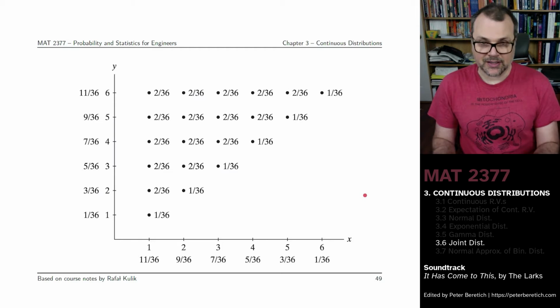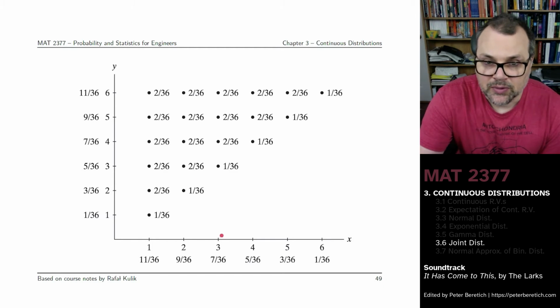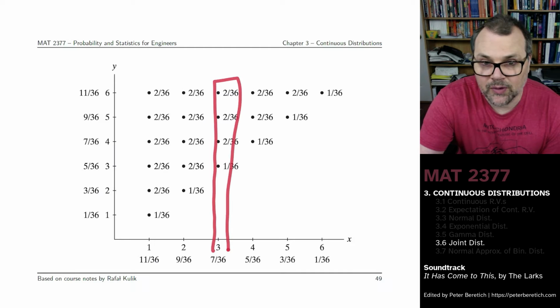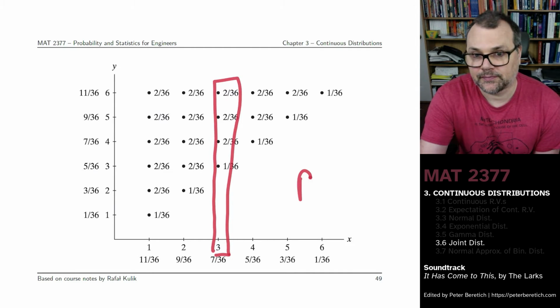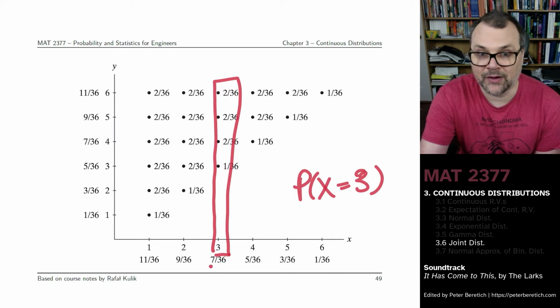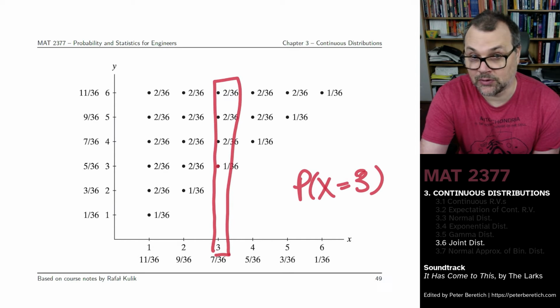What you're asking is, what's the probability of having an x value equal to 3, for instance? And you look at all of the outcomes where the x was equal to 3. There's 1 over 36 when x is equal to 3 and y is equal to 3 when you're rolling 2 3s.